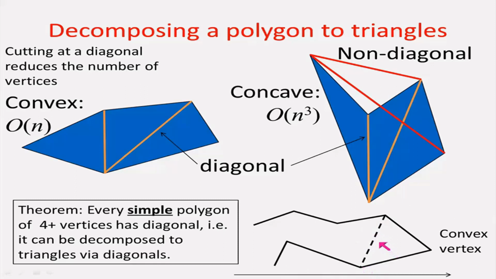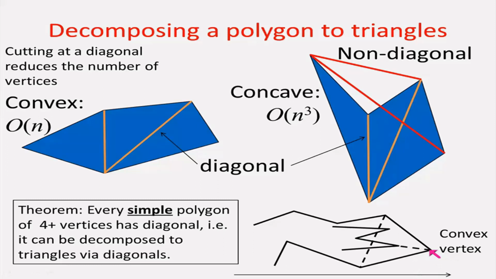If this triangle contains vertices from the polygon, then let us find that vertex that is also extremal in this direction, and connecting this extremal to the original extremal vertex, we will obtain a diagonal. So the proof is complete.